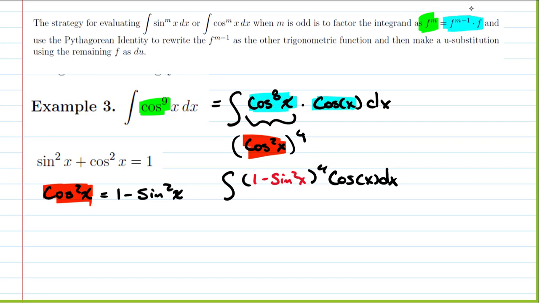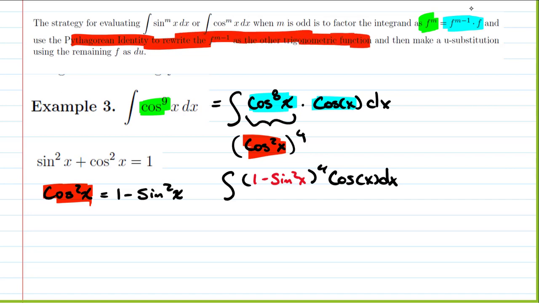As these two. We then used our Pythagorean identity right here to rewrite this as the other trigonometric function. So we rewrote our cosines as sines. And then finally, we make a u substitution using the very last f right here.